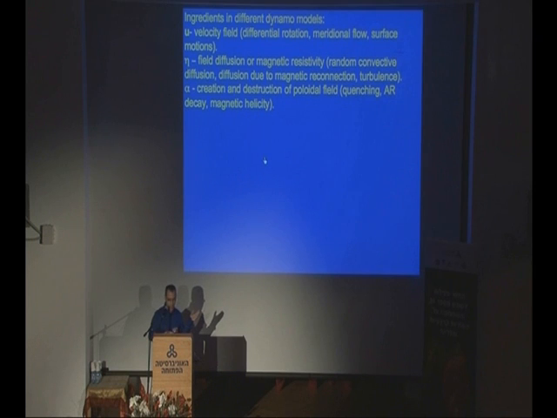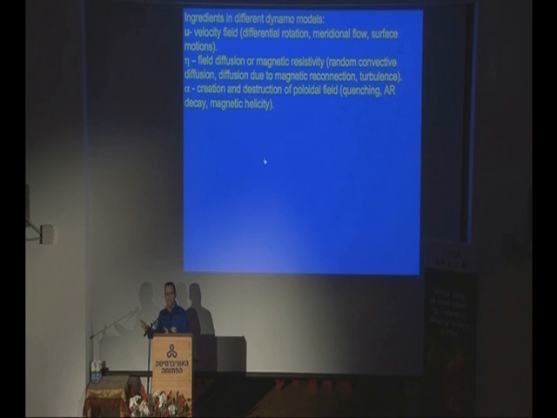So the ingredients that we need to have in a model for the solar dynamo: one is the velocity. Of course, this is the different motions that I described. We have this eta, which again describes the small-scale motion. It can be related to random small-scale convection motions, or diffusion due to magnetic reconnection, which I won't talk about here, or some kind of turbulent motion in the plasma.